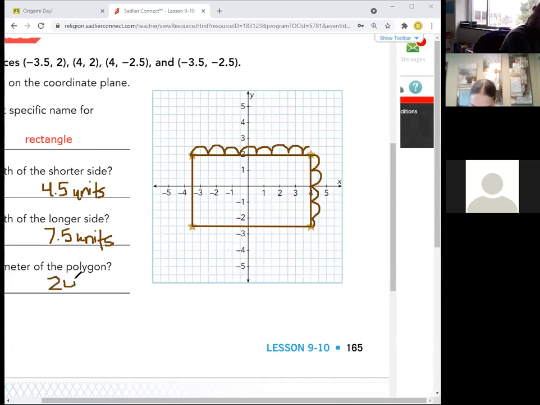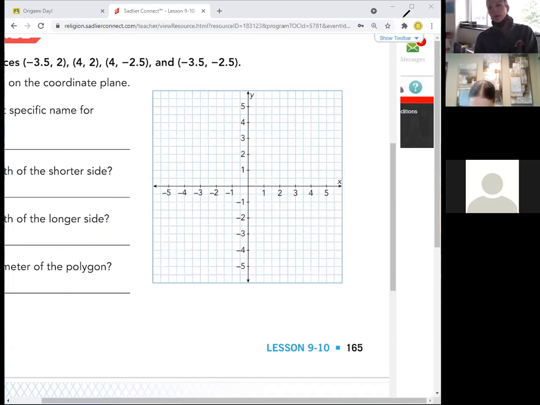So for the rest of class today and tomorrow, you're going to be independently working on 160, 164, 166. Now, if you only get one of them done today, that's fine. I would start with 160 because it deals with the basics of plotting points.